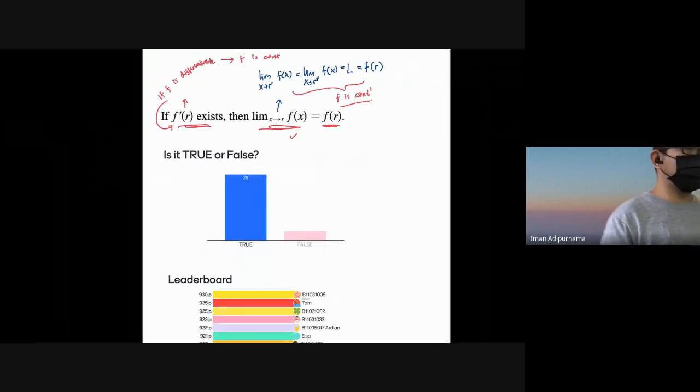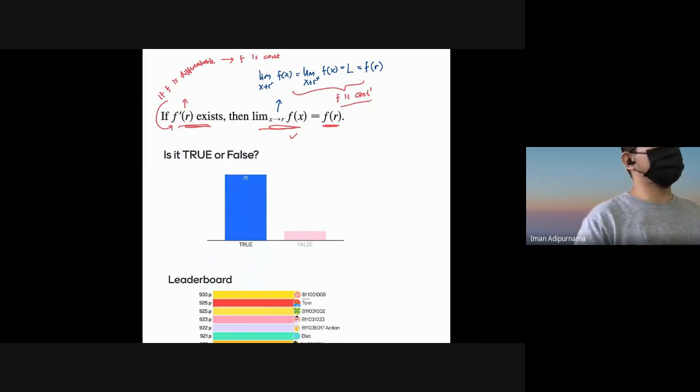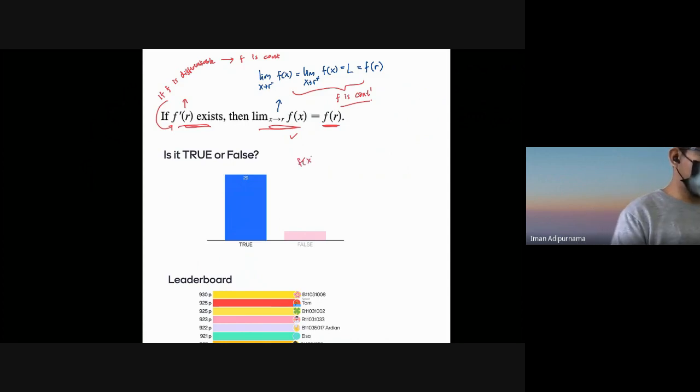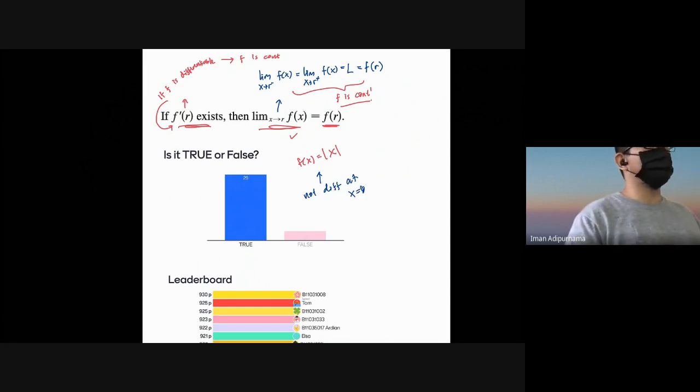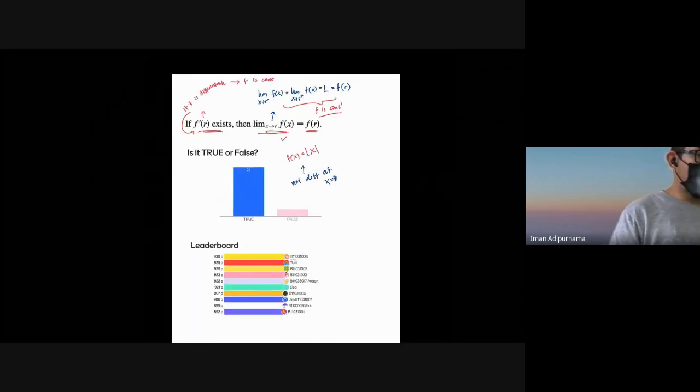This is the basic concept of how we look at the derivative, and why in certain functions, like in the absolute value, f of x equals absolute value of x, it is not differentiable at x equals 0, but the rest of the x are all continuous and can all be differentiated, right? Okay, let's move on.